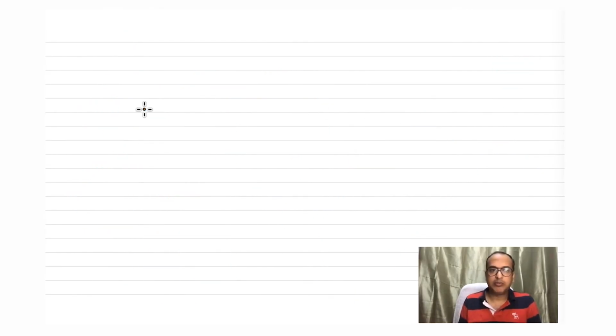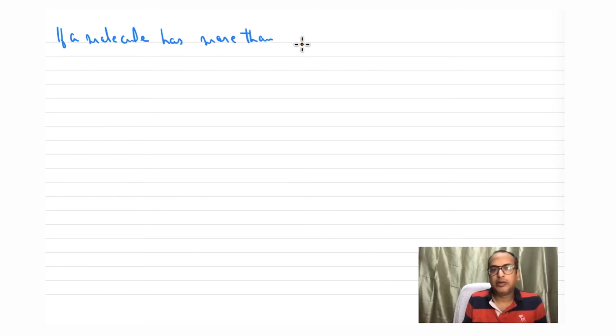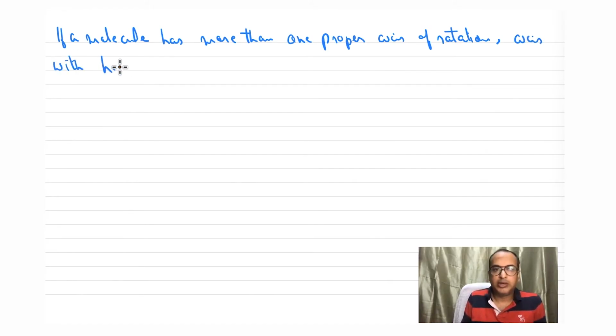Now if a molecule has more than one proper axis of rotation, the axis with the highest order is called the principal axis.